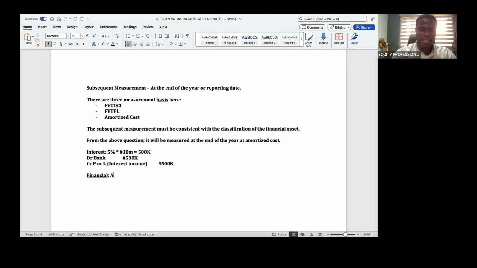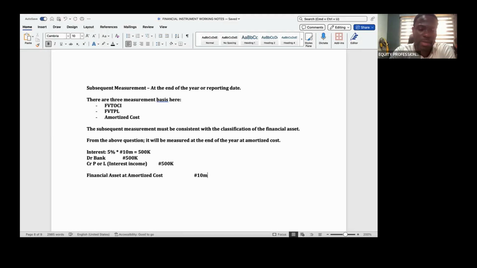Our financial assets at amortized cost remain the same at 10 million. It doesn't change. And this is how this works year in, year out. It's straightforward for us.